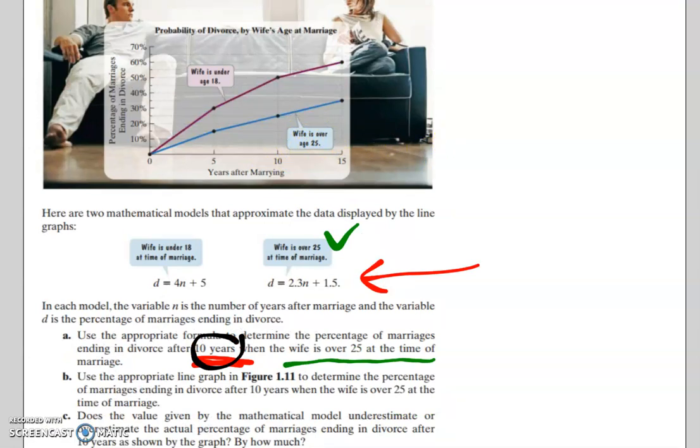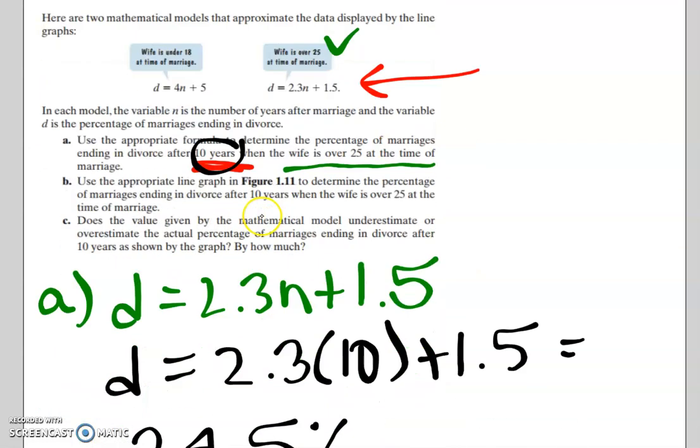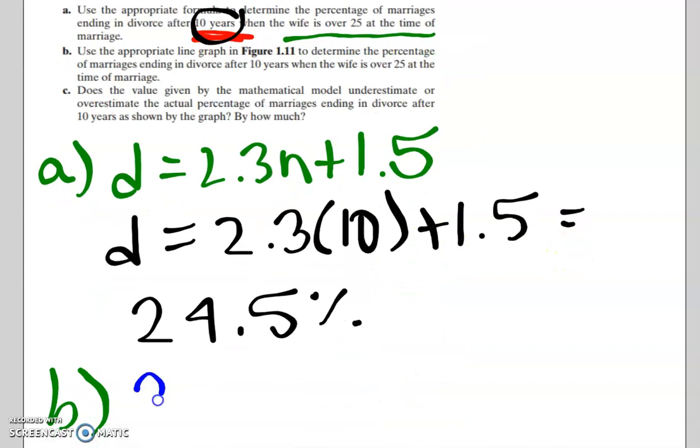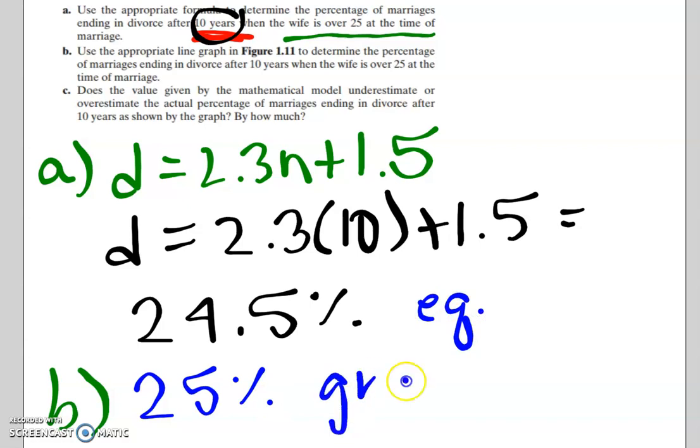I'm going to go to where we're at 10, and I'm going to figure out where that hits the blue graph. So I go up from 10 and then over, my percentage is in between 20 and 30%, exactly at 25%. So notice I got two different answers there. This is what happens when I use the equation, and this is what happens when we use the graph.